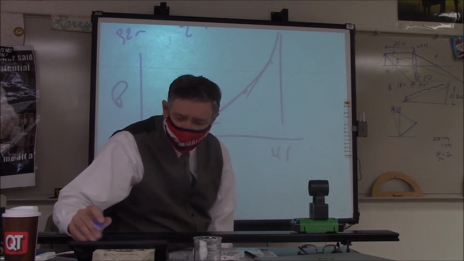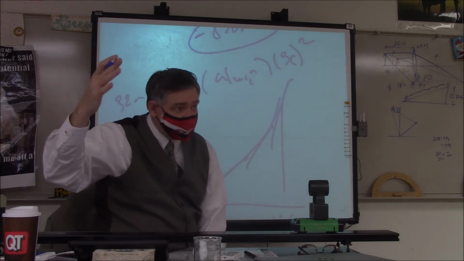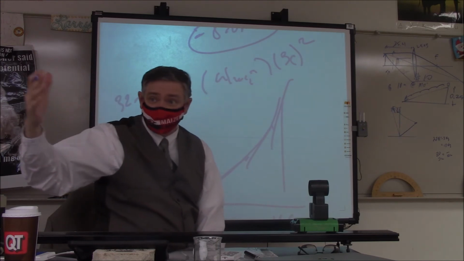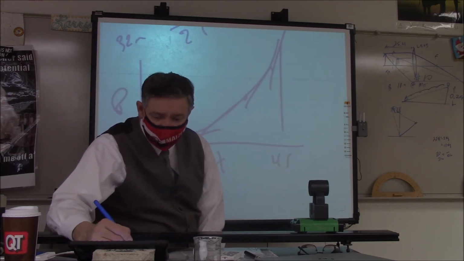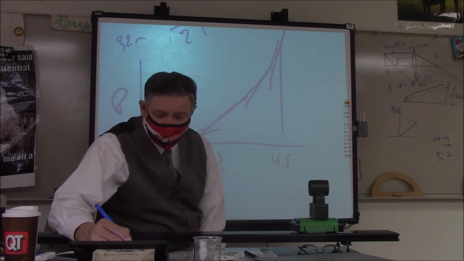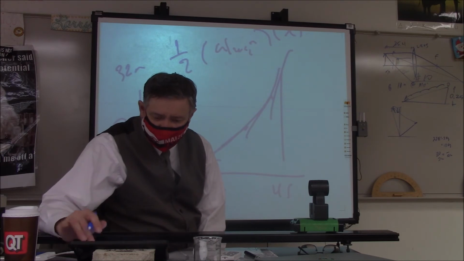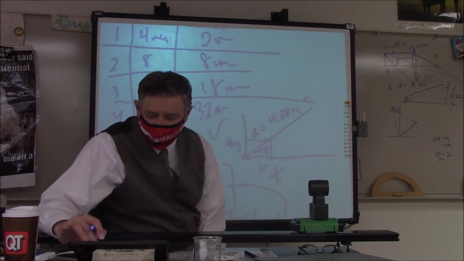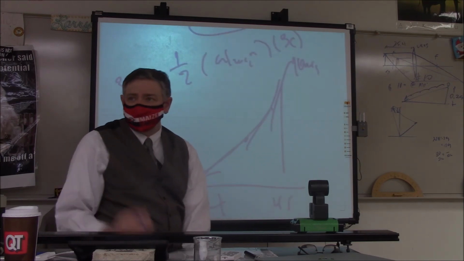These lines are becoming steeper and steeper because the object is going faster and faster. At the end of 1 second, the slope would be 4 meters per second. At the end of 4 seconds, I was going 16 meters per second. That's going to be the slope of the line there.